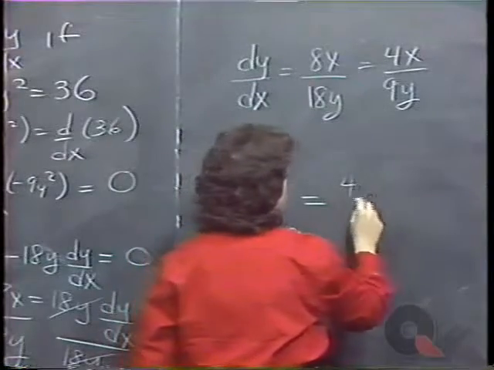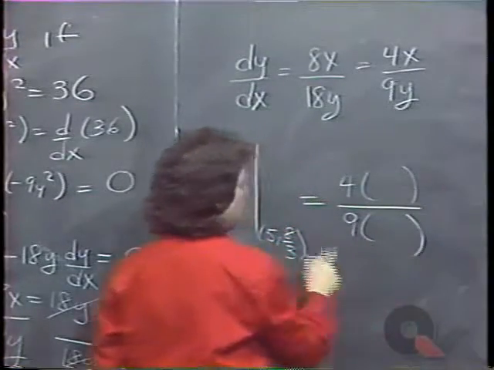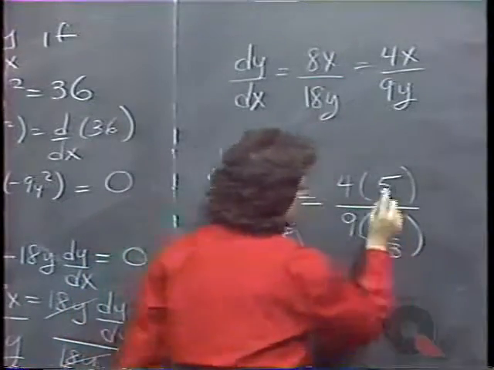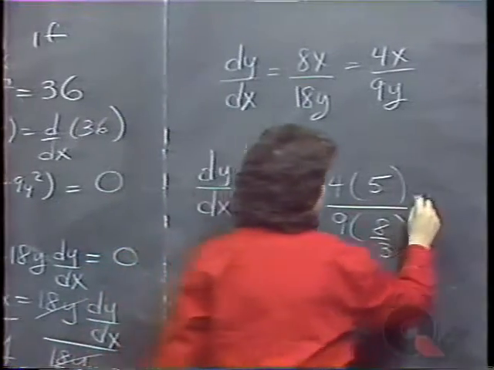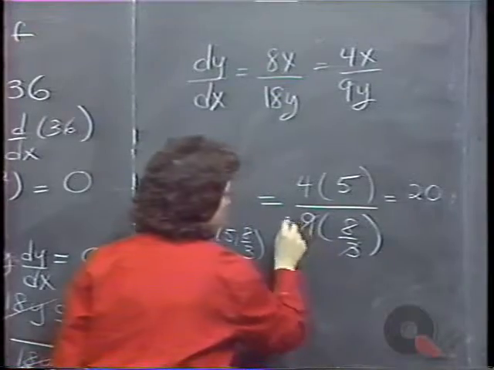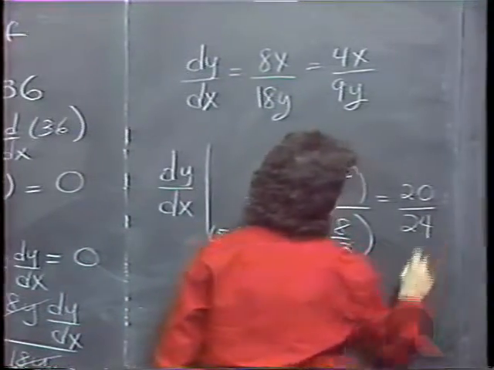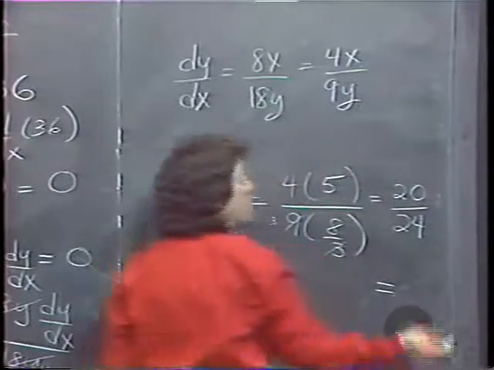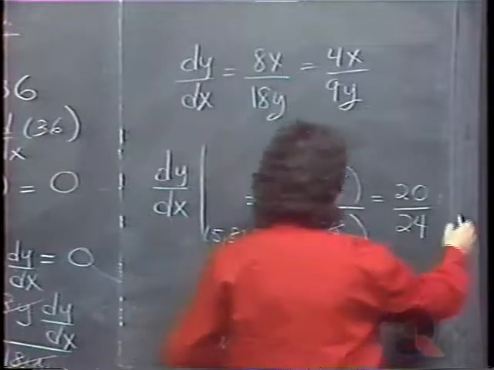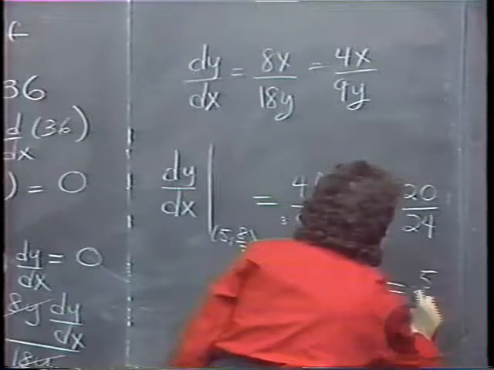We get 4 times x over 9 times y. Now, x is 5, and y is 8/3. So we get 20 over, now 3 goes into 9, 3 times 8 is 24. So 20 over 24, or dividing numerator and denominator by 4, we get 5/6.